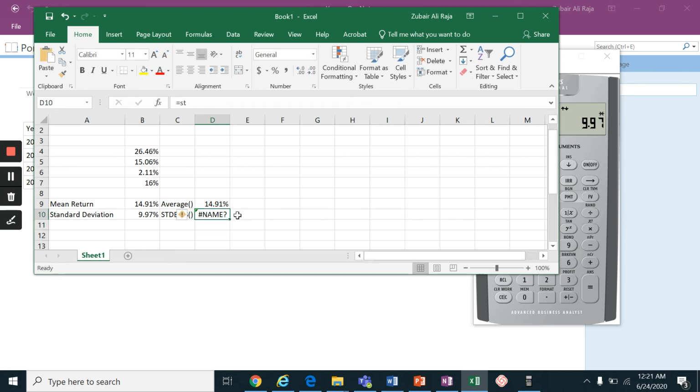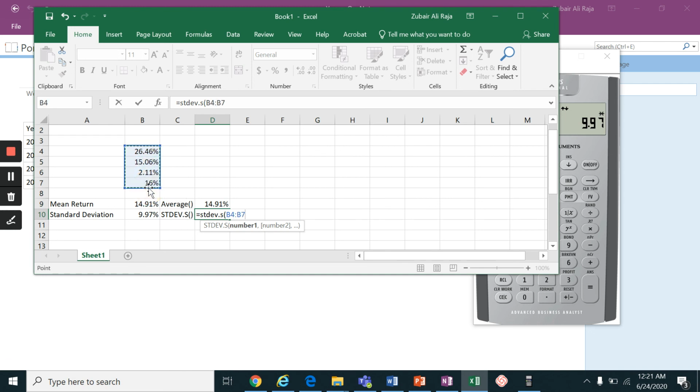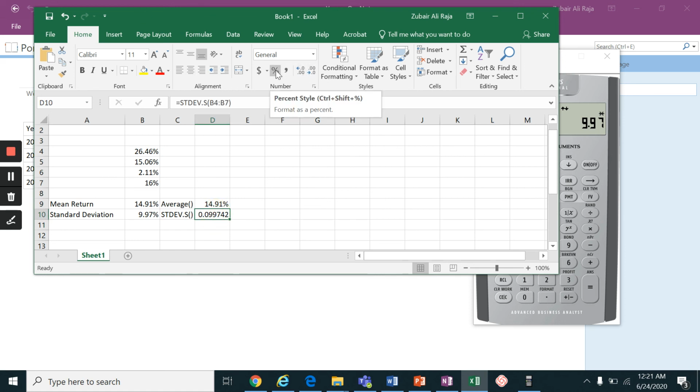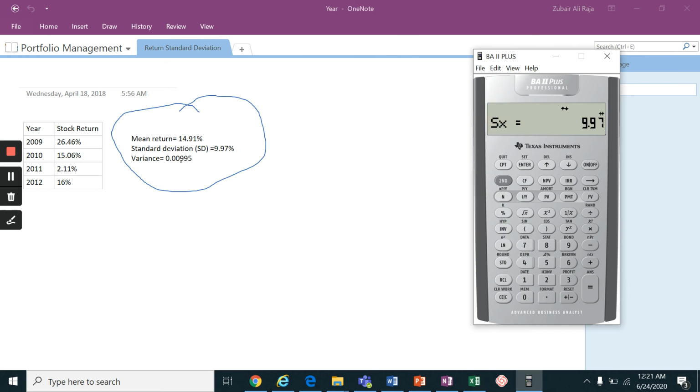You need to use STDEV.S, and again give all the parameters, all these numbers as the function values, and it will calculate. If it has calculated in terms of decimal, just convert it into a percentage. So here you go, you have 9.97%. This is how you compute the standard deviation in Excel and on the BA II calculator.